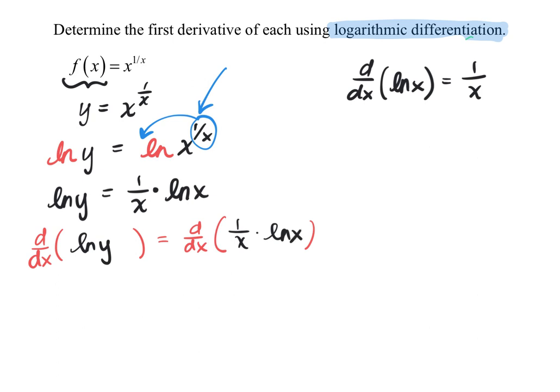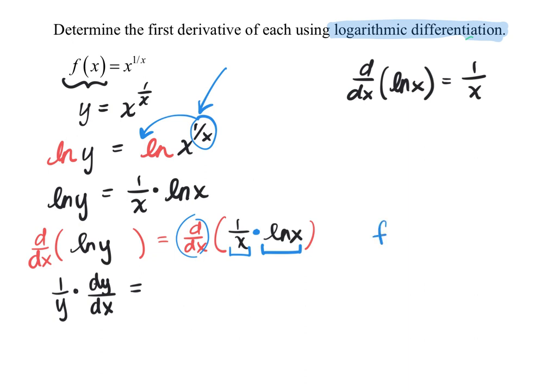Now, on the left side, we're taking the derivative of natural log of y, so that will give us 1/y. But we have to remember the chain rule and chain on the derivative of y with respect to x, dy dx. Now, on the right-hand side, before you jump in, take a look closely at what's happening here. We have 1/x multiplied by natural log of x. So because we're taking the derivative of that, we're going to need to use the product rule.